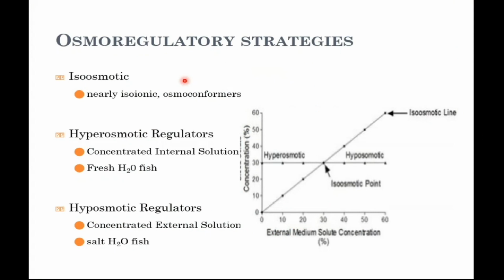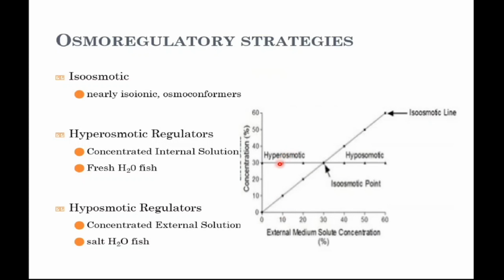Then there are a few other terms, for those animals which lie on this isotherm line. This is the same graph which I just explained, but with different values. The external concentration in percentage is 0 to 60%, and the internal concentration is 0 to 60%. So the isotherms are those animals which can survive only on this line, right? So this is the osmotic line. Then there are a few animals which can maintain a high concentration within the body as compared to the external environment.